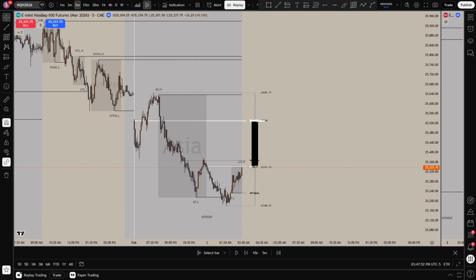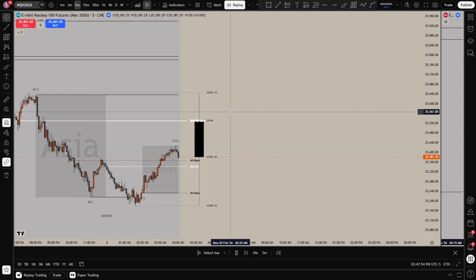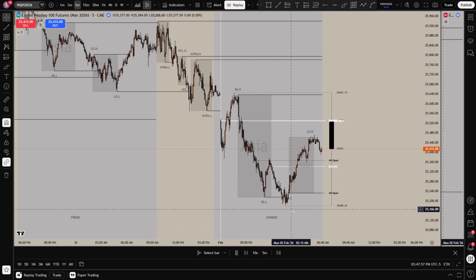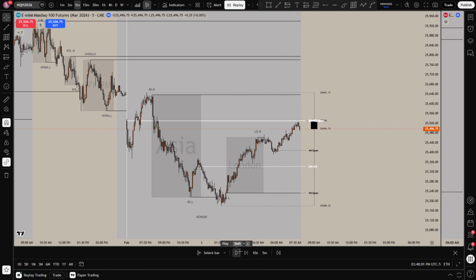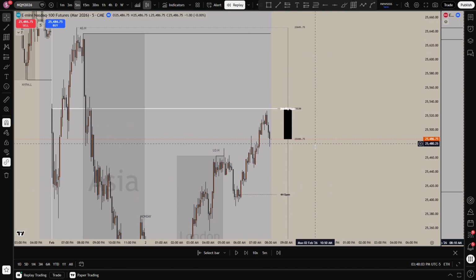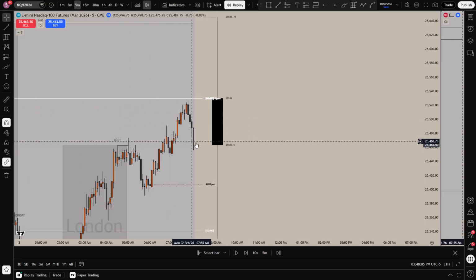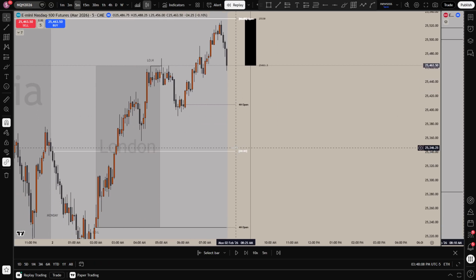We're most likely going to have to put in something up here, right? So then you could have just caught this whole move, right? So it's very simple. Always target the daily open or the midnight open. It's very easy.